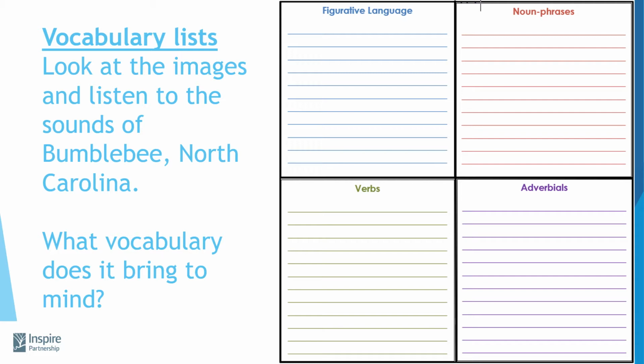Figurative language. Think about what we've already studied in school this year and the types of figurative language that we've discussed. So we've looked at similes. So that's when we use words like as and like in order to say something is similar to something else.